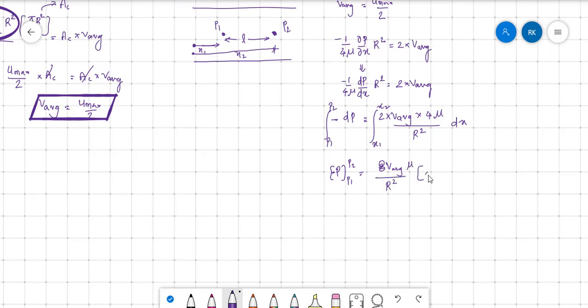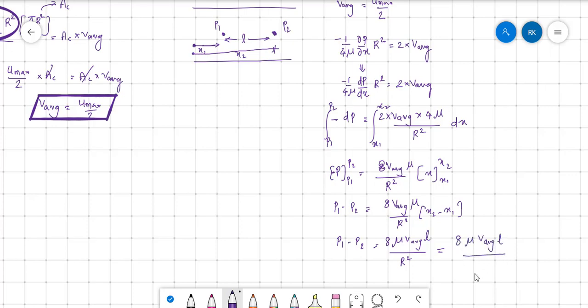So this will be P2 minus P1, but here minus is present, so P1 minus P2 is equal to 8 V average into mu by R square into x2 minus x1. So P1 minus P2 is equal to 8 mu V average, x2 minus x1, that is L, divided by R square. And if you write in D, 8 mu V average into L by D square.